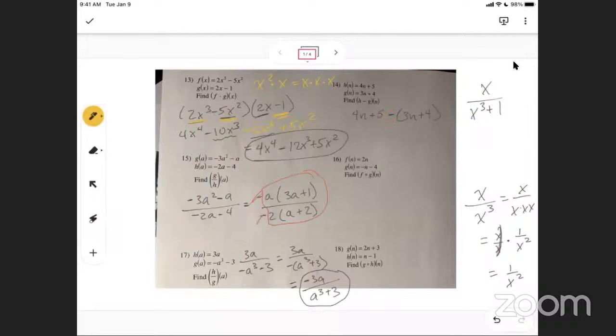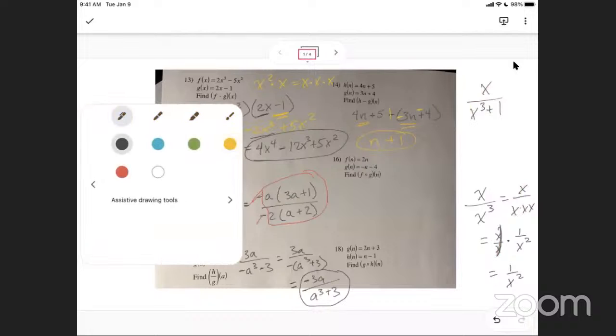So when I distribute it in, that becomes a negative and that becomes a negative. So now I get 1n plus 1. Okay. Right? Got it? You good with that?